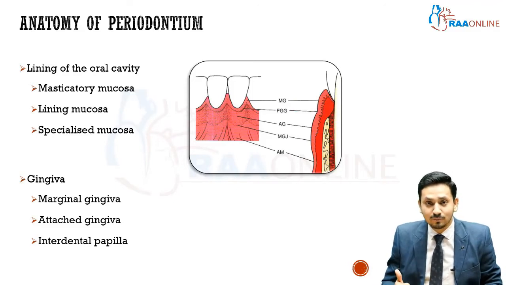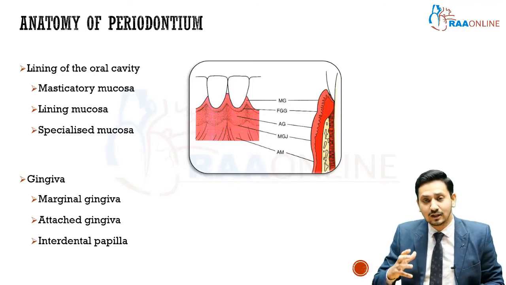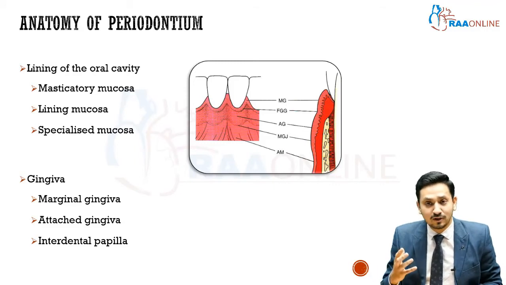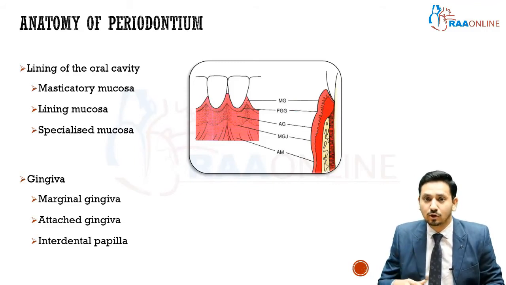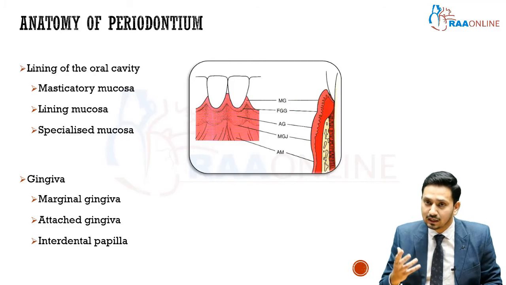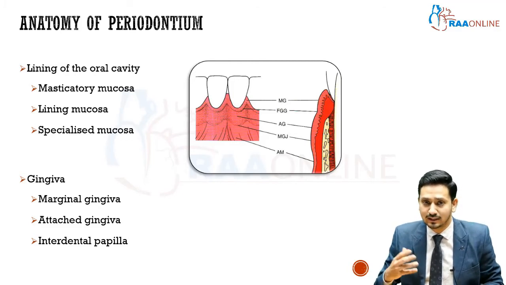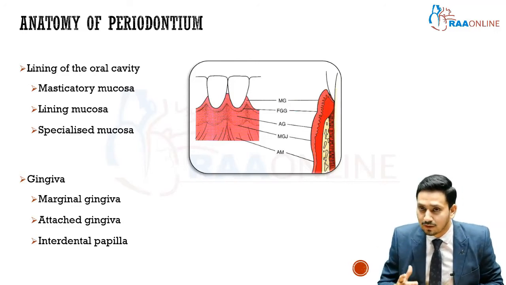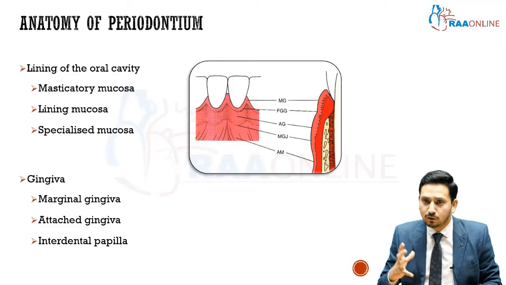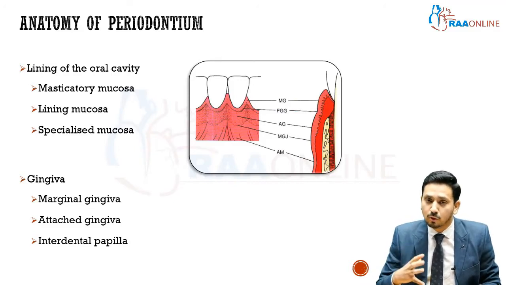Your masticatory mucosa is the lining of your gingiva and your hard palate. Your lining mucosa is the lining of your cheeks, your lips, etc. And your specialized mucosa is the one that covers the dorsal surface of your tongue. So please keep this in mind. This is the basic anatomy, the basic linings of your oral cavity.